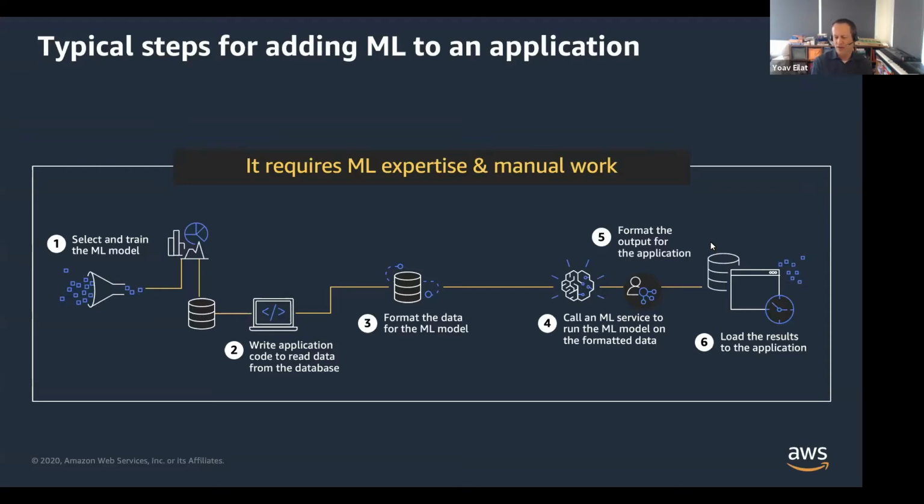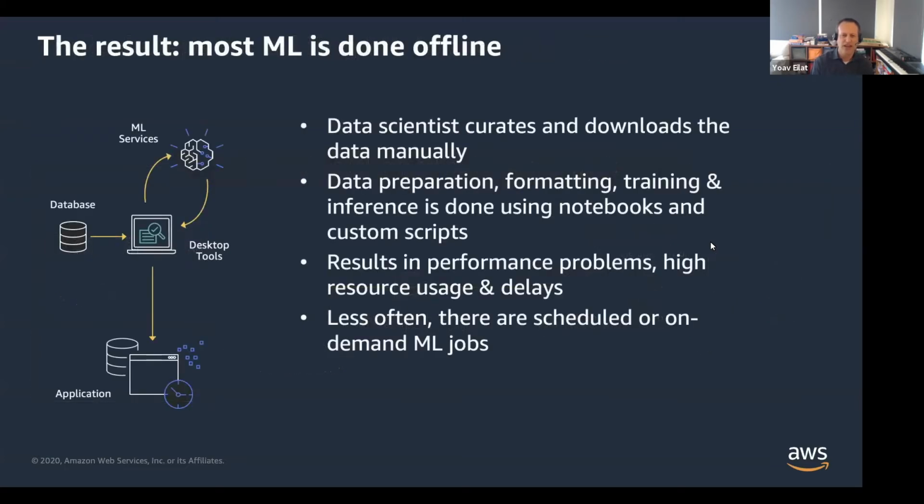And the result that at least we've seen is that most machine learning is really done offline. We don't see a lot of cases where people are actually making calls from an application to a machine learning service. Usually the data scientists will, like we're showing in this diagram, read some data from the database in some desktop tool and then do some experimentation, or maybe the model is already there.